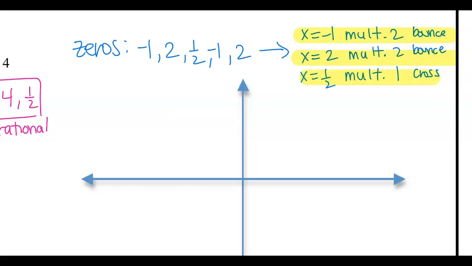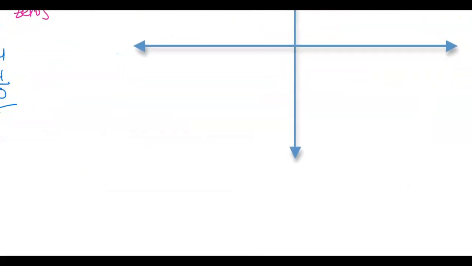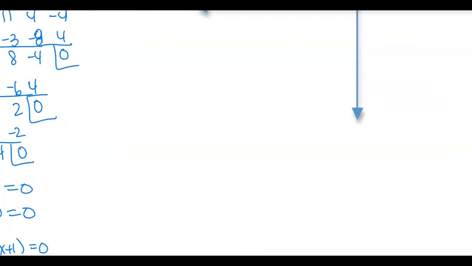Almost done. All right, I need to label what the end behavior is going to do, and I also need to label what the y-intercept is. So below the graph, with my space that I have, we're going to talk about the end behavior. Gabriel, what's the leading coefficient for this?